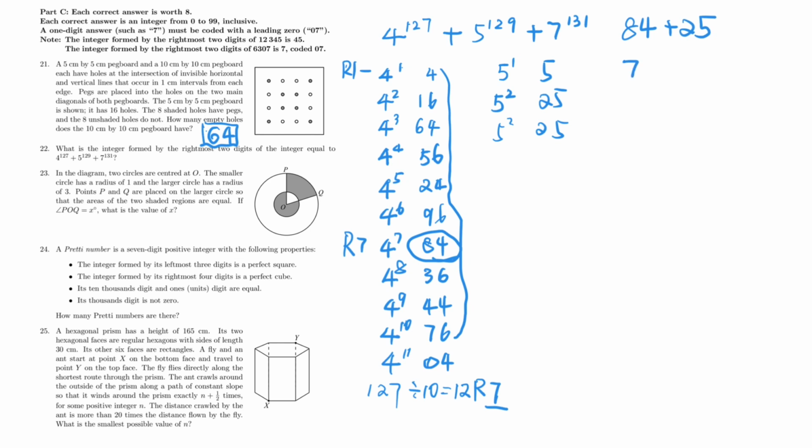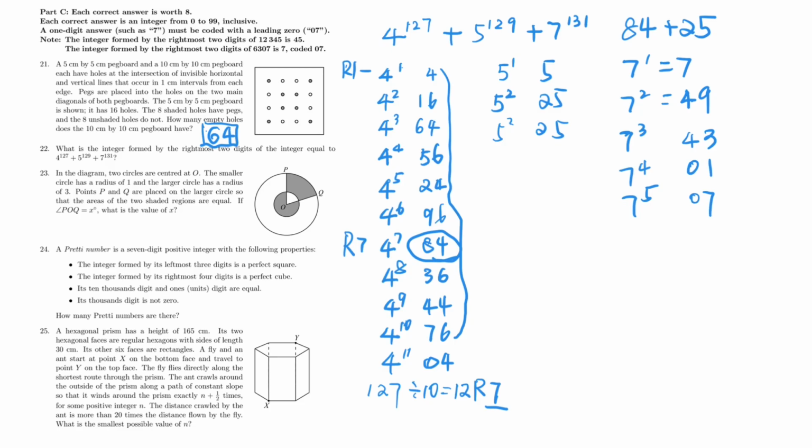For the 7, 7 to power 1 is 7. 7 squared, that's 49. 7 to the power 3, the last two digits are 43. 7 to power 4, last two digits 01. 7 to power 5, that's 07.